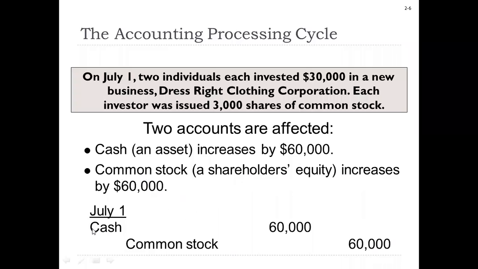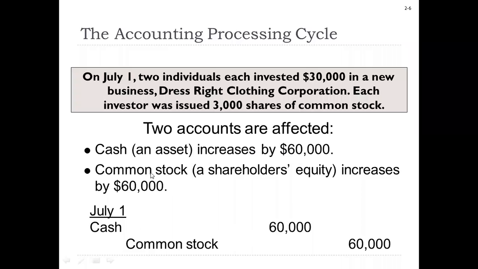We debit cash, and remember from your rules of debits and credits, cash is an asset. When assets go up, that's a debit. So in this case, the asset cash went up, so we debit cash, 60,000.